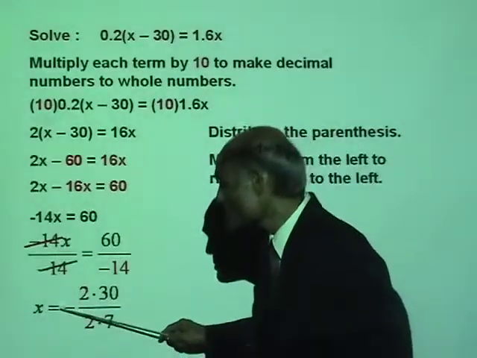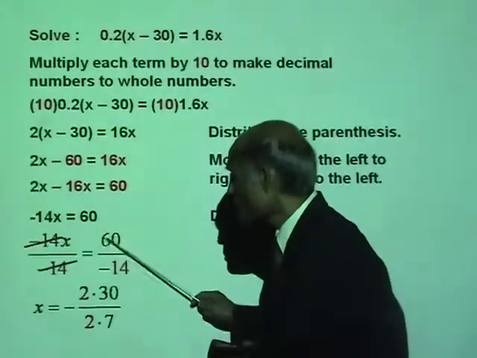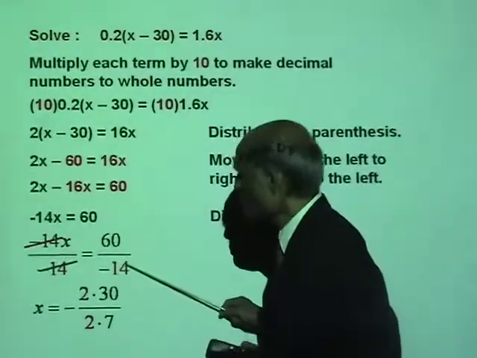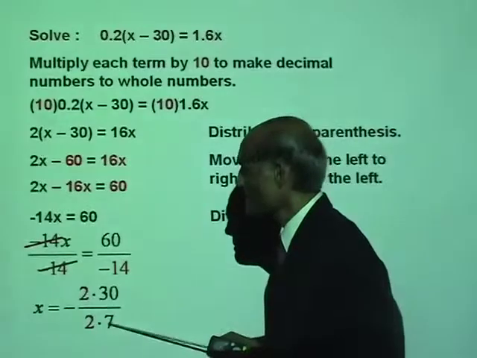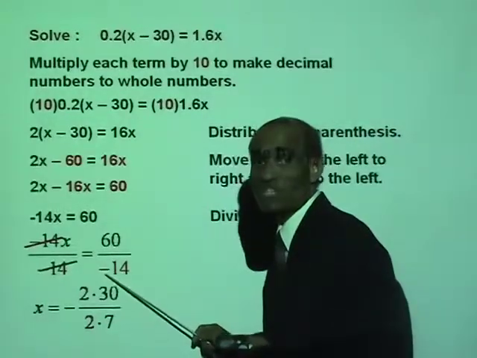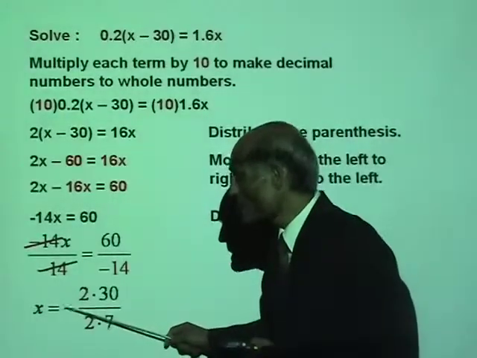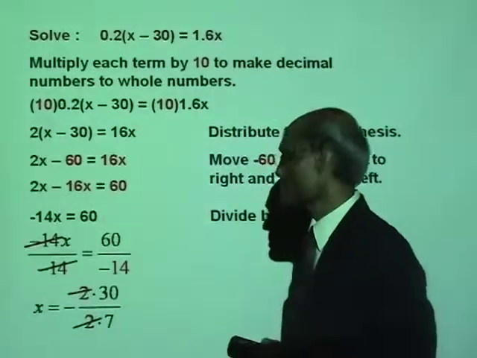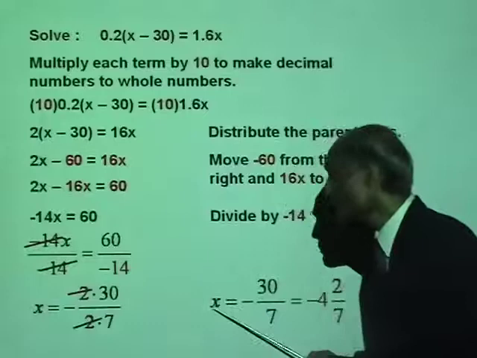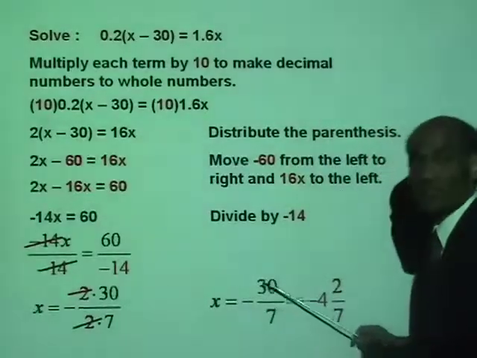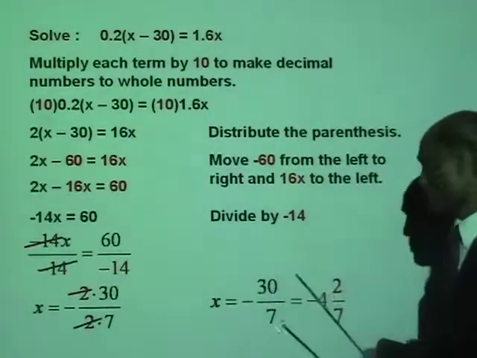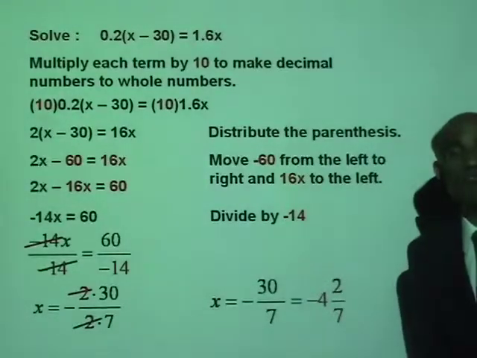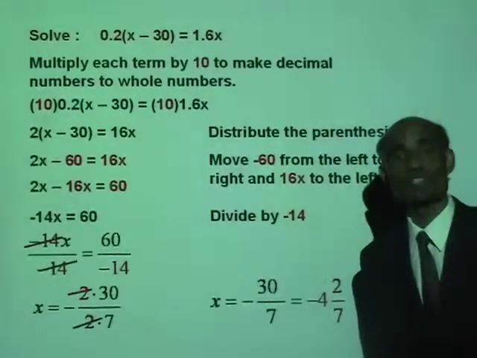So x equal to negative 60, which I wrote as 2 times 30, over 14, which is 2 times 7. And remember, this negative makes the whole number negative. And the 2 goes. I have therefore x equal to negative 30 over 7, or it can be written as negative 4 and 2 over 7.